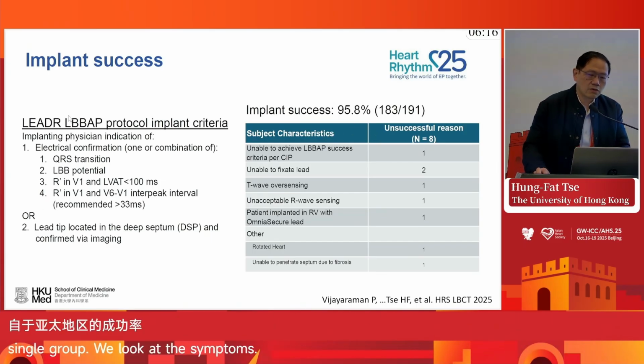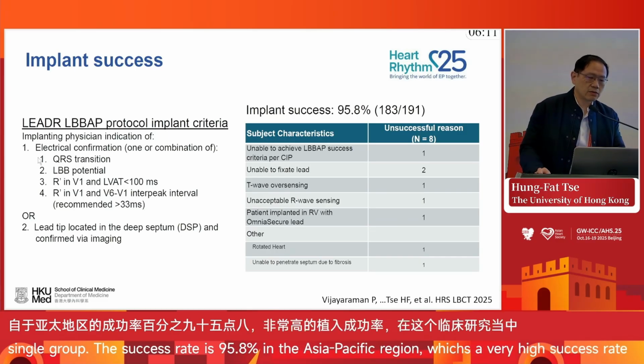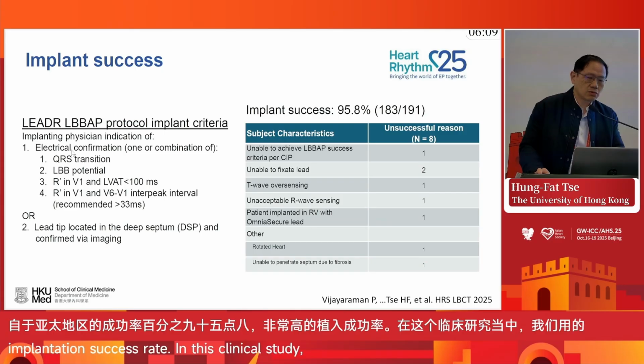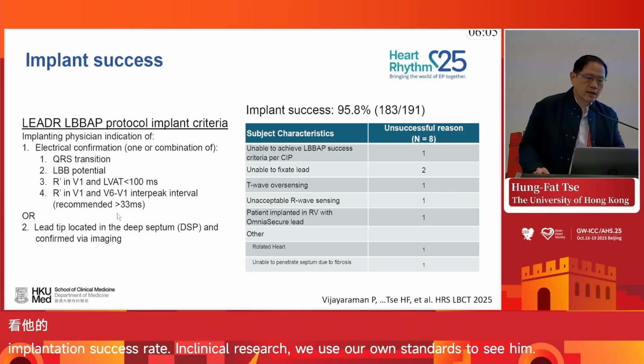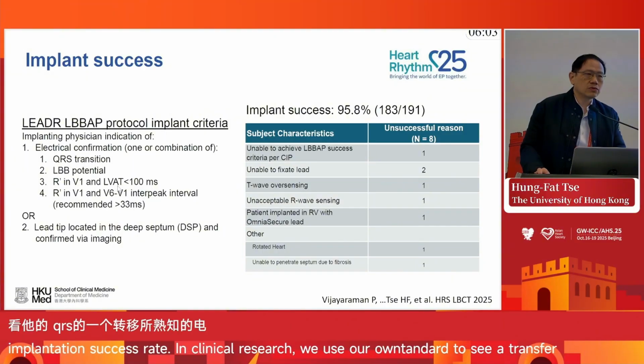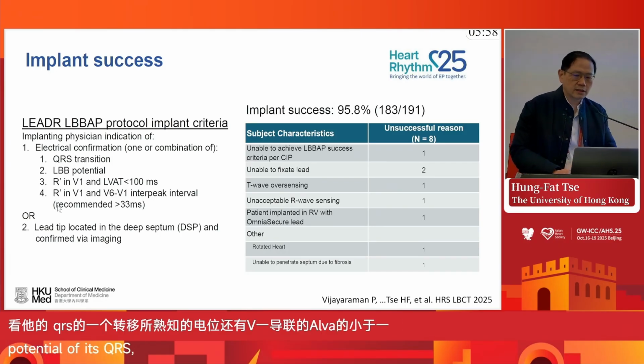In this trial, we are not using very strict criteria for LBB pacing. Mainly we look at the RBB potential, QRS transition, and we see an R prime in V1. And if we're not able to do this, we use fluoroscopy, and we are able to achieve deep septal pacing in this trial.